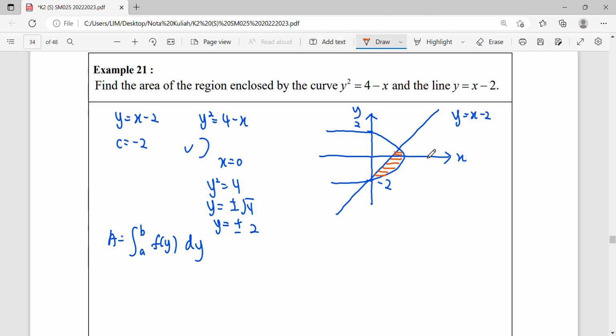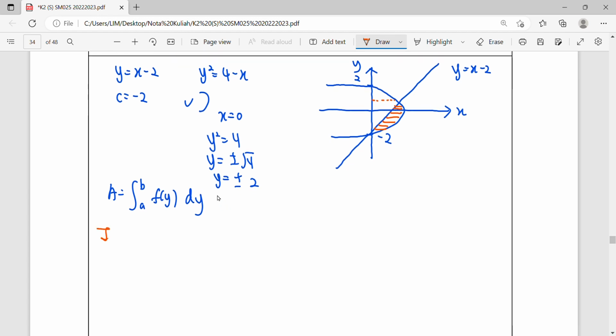So what is your intersection point here? Alright, so you can see one of the intersection points is negative 2, so we have to find out the intersection point. Let our equation be in terms of y first. For the first graph, y squared equals 4 minus x, let x be the subject, and then in terms of y we move.